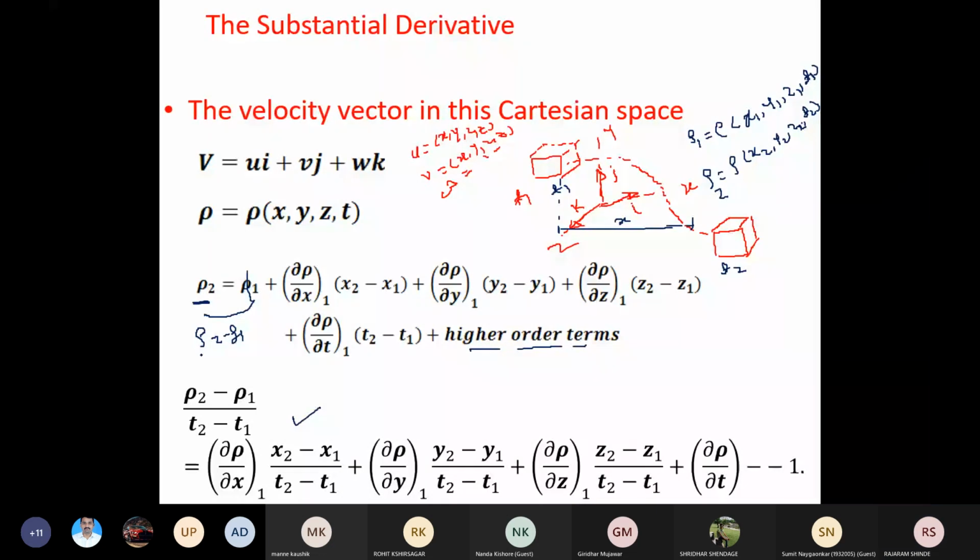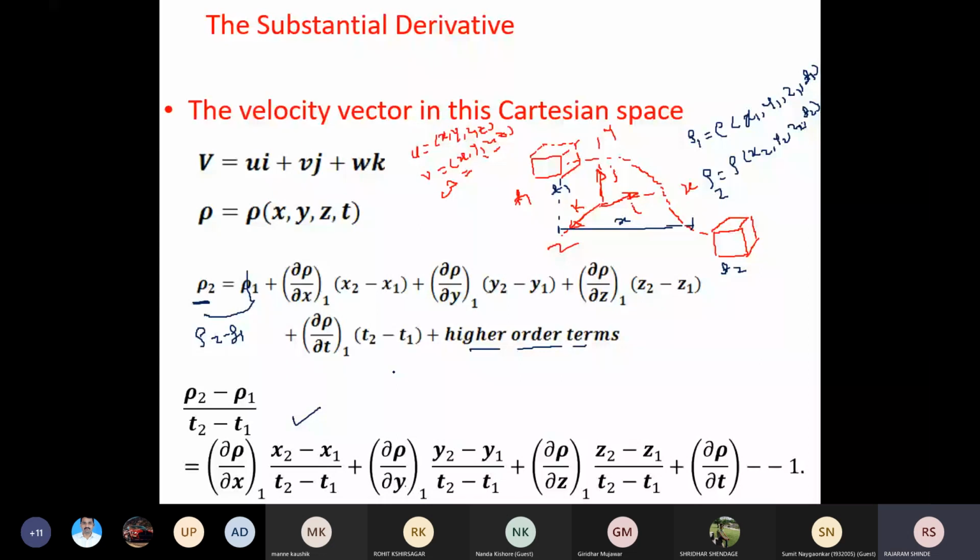Next, this term, partial derivative of rho with respect to x, into x2 minus x1 divided by t2 minus t1. Here this is the partial derivative of rho with respect to y into y2 minus y1 divided by t2 minus t1. Again the same thing, and from the last term t2 minus t1 will be cancelled, and you will get the partial derivative of rho with respect to time only.